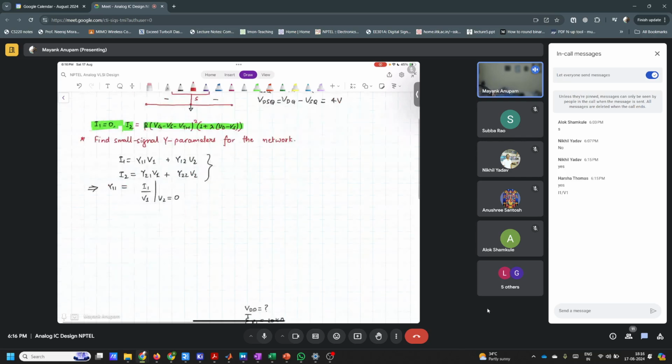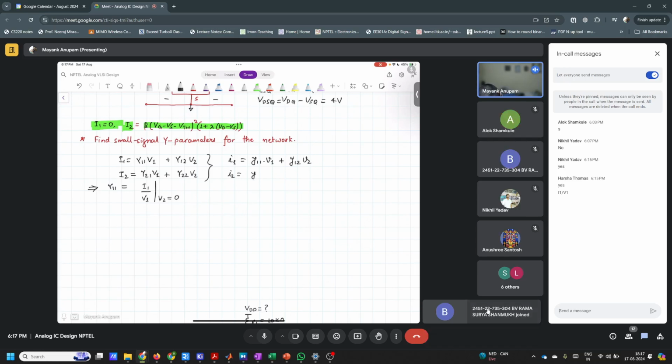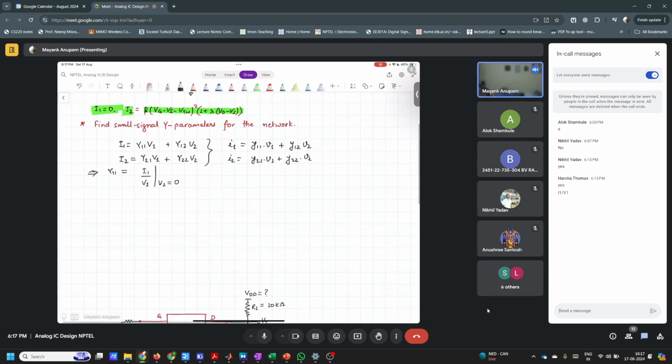So if you have small signal Y parameters, then this equation can be written as i1 is equal to y11 times v1 plus y12 times v2, and i2 is equal to y21 times v1 plus y22 times v2. Correct?